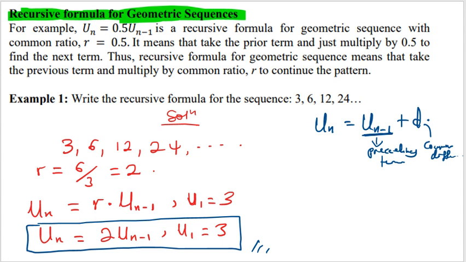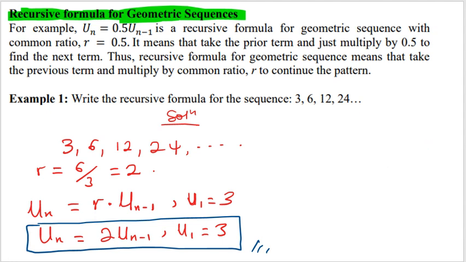In a geometric progression, if you are writing a recursive formula, we need the preceding term. So let's say we want to find Un, the nth term for a geometric progression.